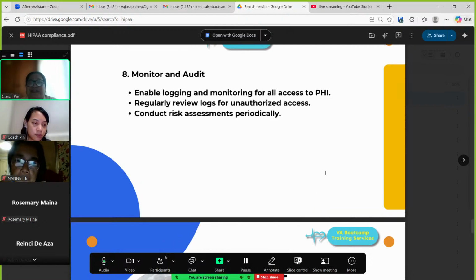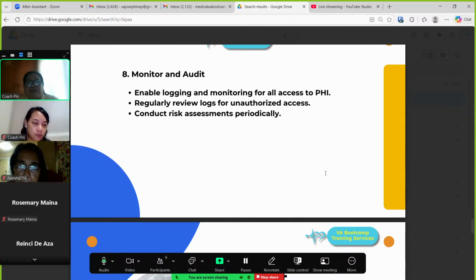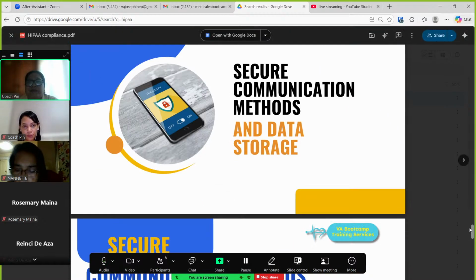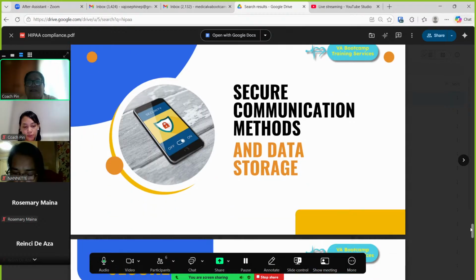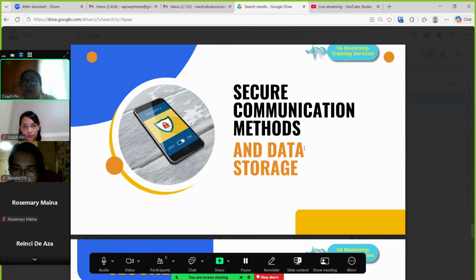So this is to enable logging and monitoring for all access to PHI. Regularly review logs for unauthorized access. Conduct risk assessments periodically. Okay. So next is, I think this will be the last topic for this one. Secure communication methods and data storage.